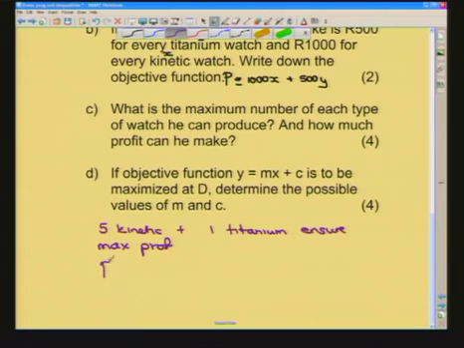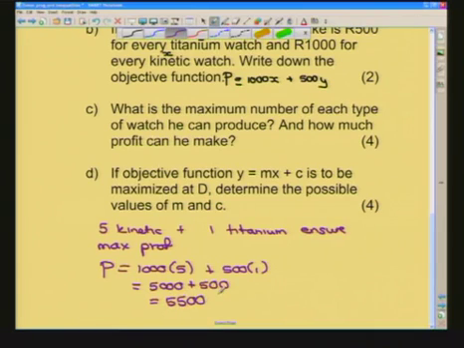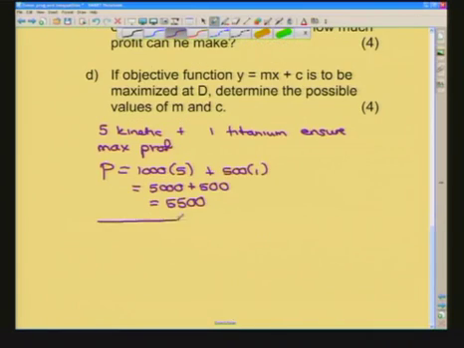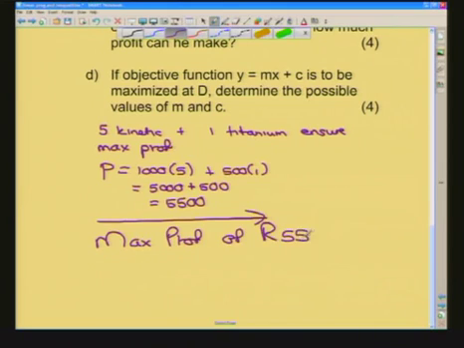And to find the profit, we go profit equals 1,000 times 5 plus 500 times 1, which is going to be 5,000 plus 500, which is 5,500. And that would be the end of the question. So the maximum profit of 5,500. Okay, nice question, a little bit different, not hugely problematic. They gave us a really nice graph we could use, so all was good. So right, let's go to the next question.